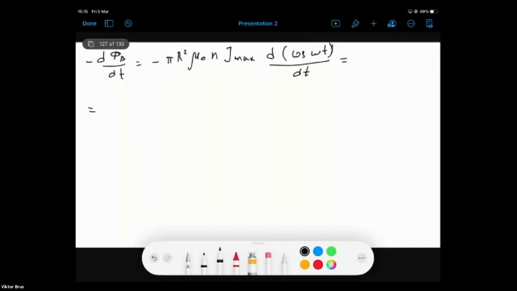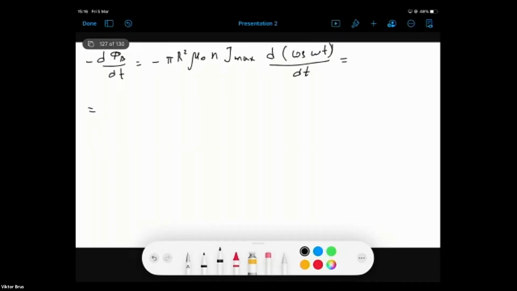The derivative of cosinus omega t will be minus sinus omega t times omega, the derivative of the argument of this cosine, and that's why minus and minus will cancel out.